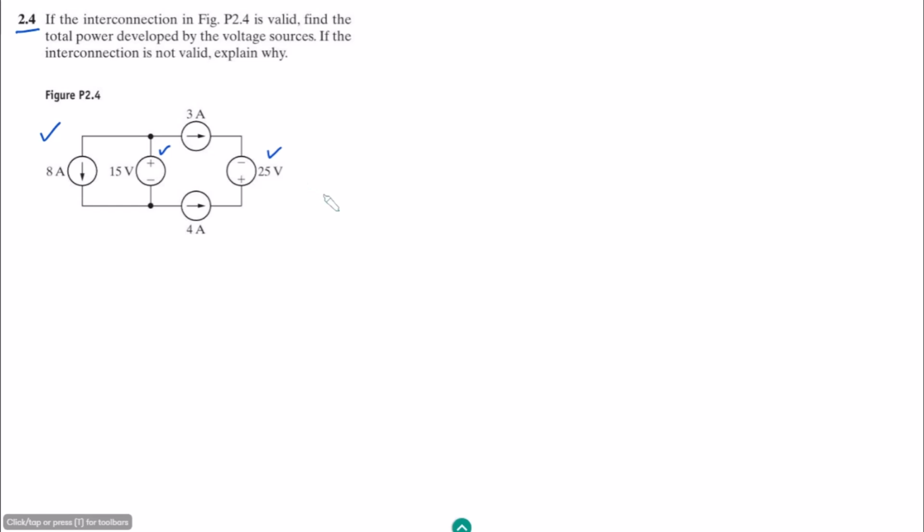First of all, let me explain what is meant by a valid and invalid electric circuit. In terms of voltage sources, suppose we have a voltage source connected here, some other element like a resistor or capacitor here, and another voltage source here, and also one or many voltage sources connected in parallel with them.